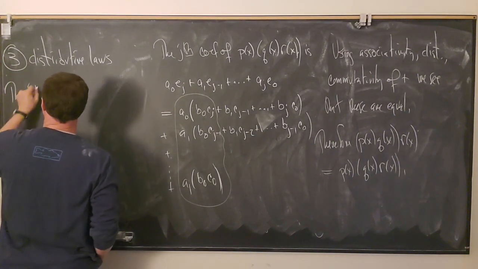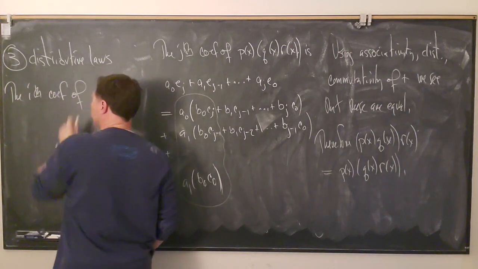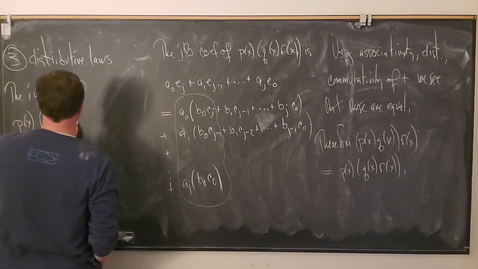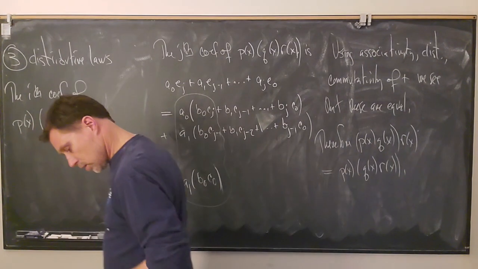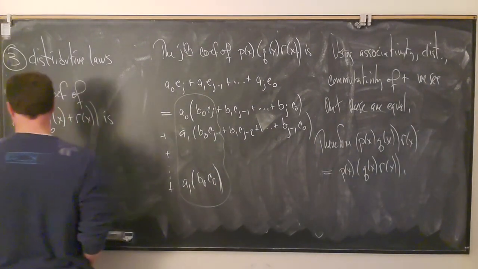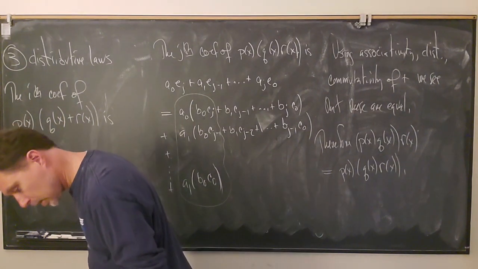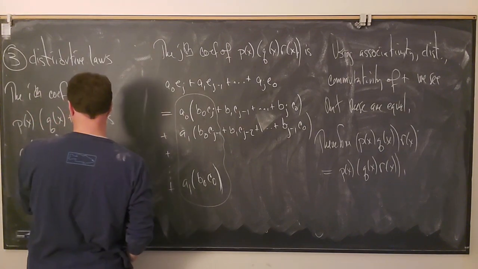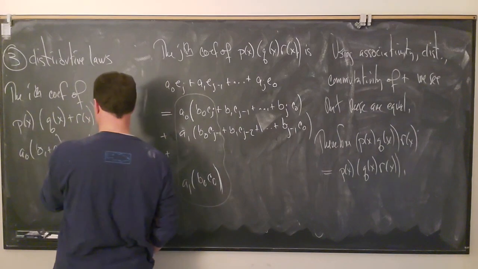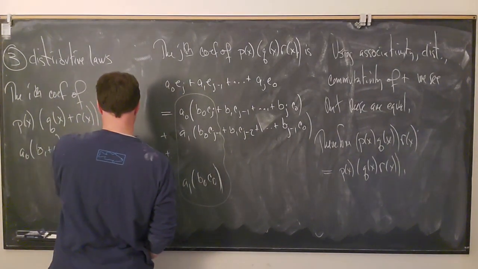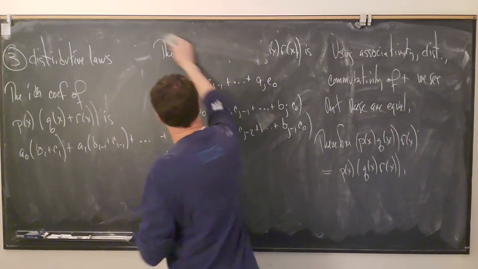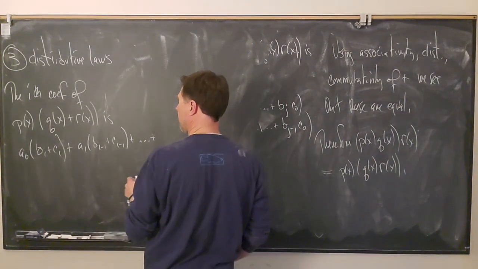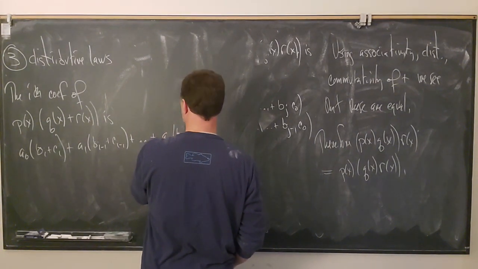So the ith coefficient of P(x) times (Q(x) plus R(x)) is going to be A0 times (B_i plus C_i), plus A1 times (B_{i-1} plus C_{i-1}), plus dot dot dot, plus eventually we'll get to A_i times (B0 plus C0).